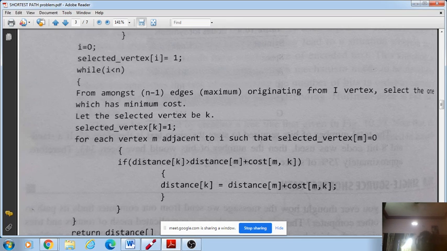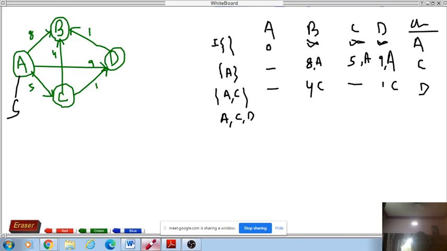For each vertex m adjacent to it, check the distance, because you have to take a cost matrix. That is very, very important. Whenever you are choosing, you have to check. The formula is distance of source, then distance from C to B and C to D.